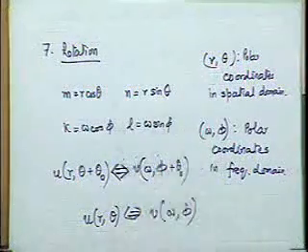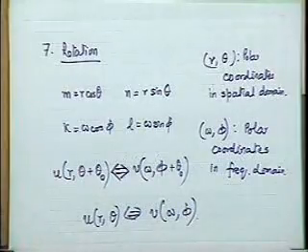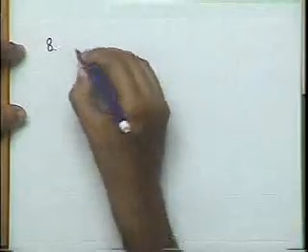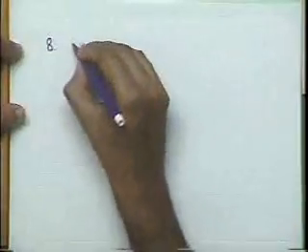Now comes a very important and a very interesting property of the discrete Fourier transform, and that is the property of convolution. So this is the 8th property, the property of convolution, or what we will now define is the property of circular convolution.